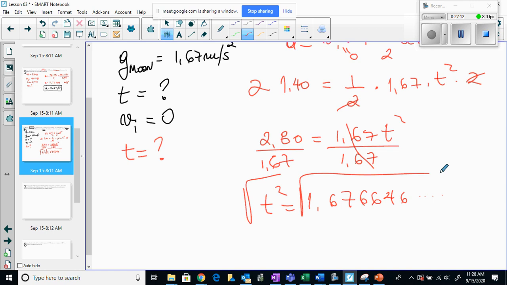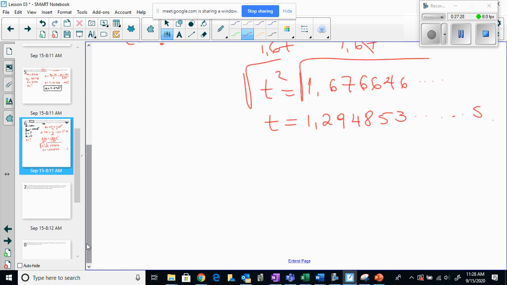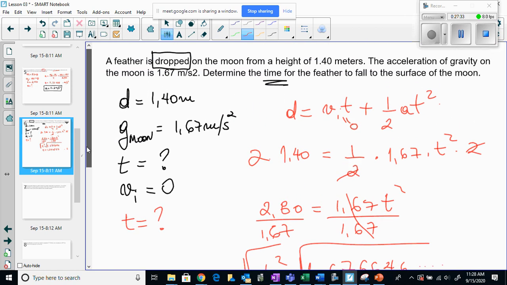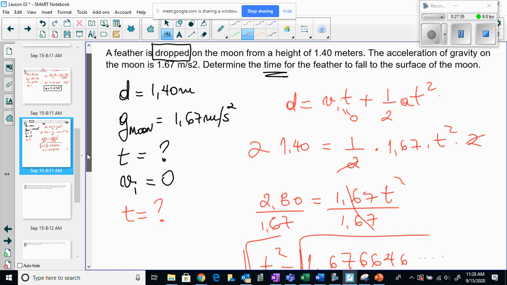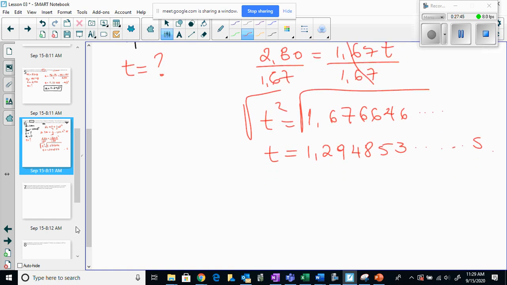Square root both sides, and then you will have the answer. You will have time as what the calculator is giving you, 1.295 and so on seconds. So how do you record it? You take a look at the lowest number of sig digs that you have as a given in your problem, and it is 3, so you have to record it into 3 sig digs.